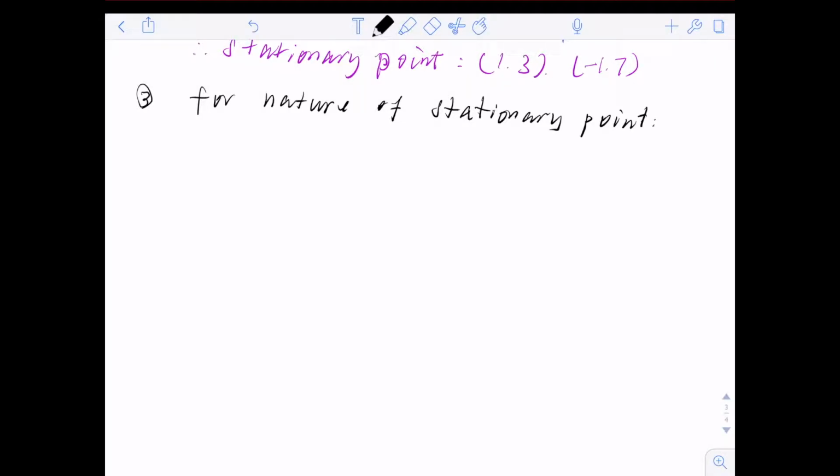So we have to sub the first derivative stationary point, which is x equals 1, into the second derivative.